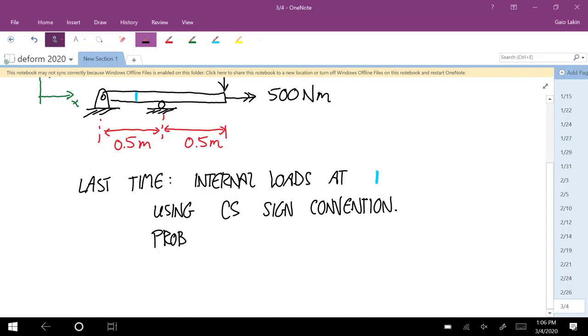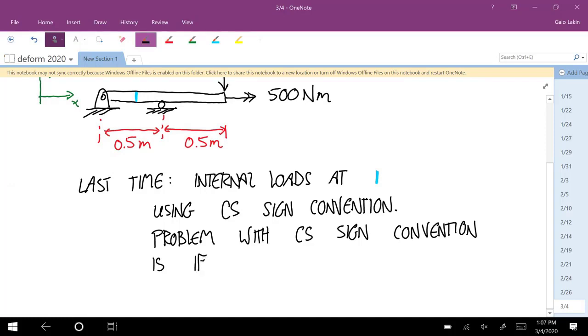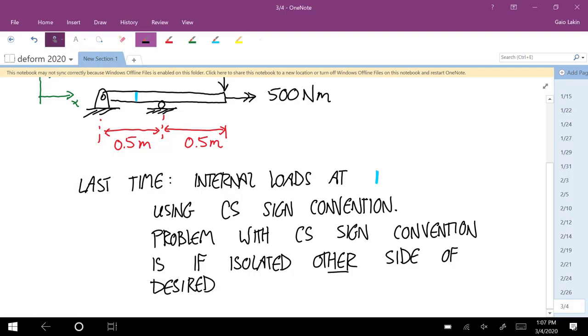So the problem with using a coordinate system sign convention is if we happen to isolate the other half of the beam to calculate those internal loads, so if we isolated the other side of the desired location, all the internal loads would be opposite signs.